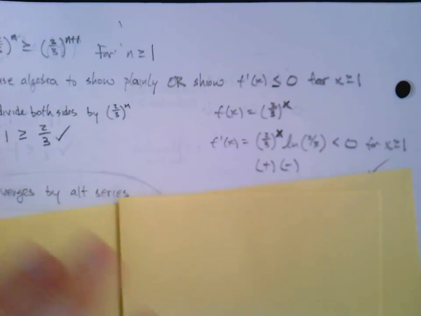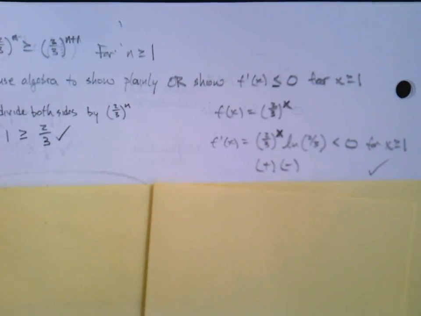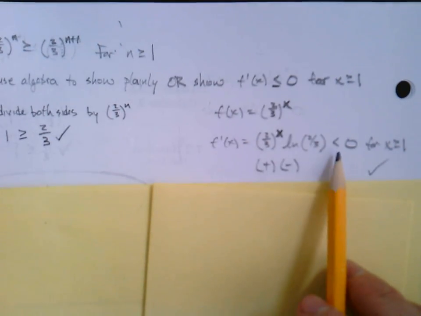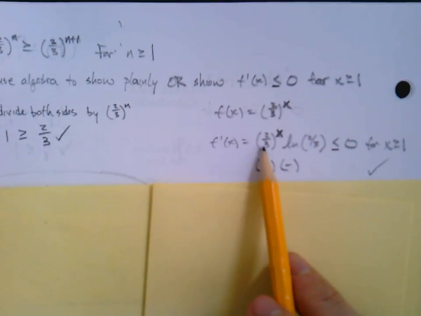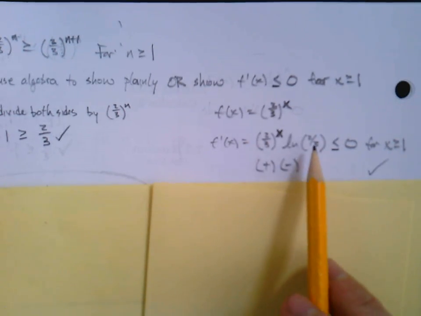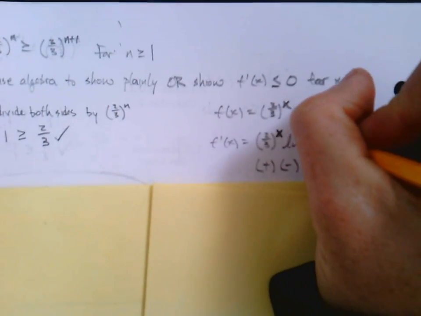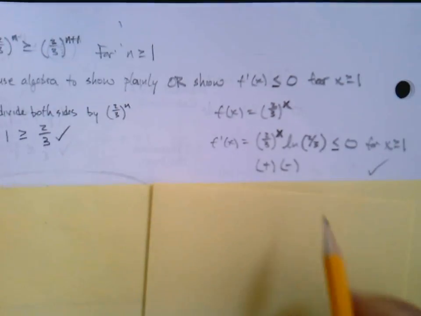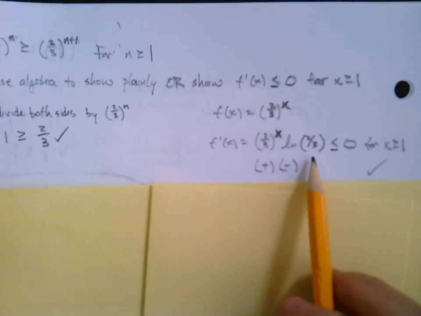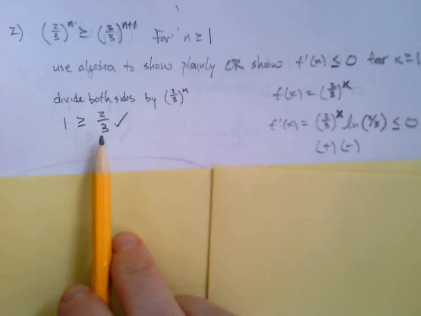But there's the derivative, fairly simple one. How do I know that that's really less than or equal to 0? Well, because that's a positive number, and the natural log of 2/3 is a negative number. So I'm always going to get a negative answer for x greater than or equal to 1. So I could show that it's decreasing this way. I kind of like this way though.